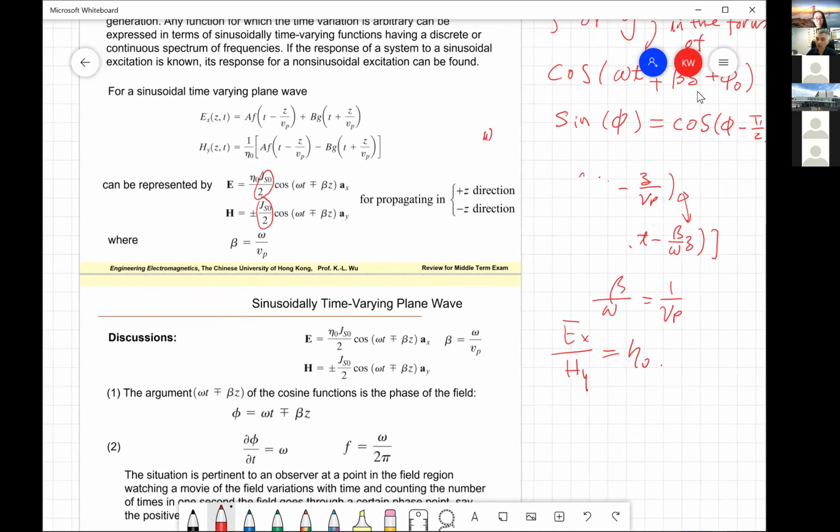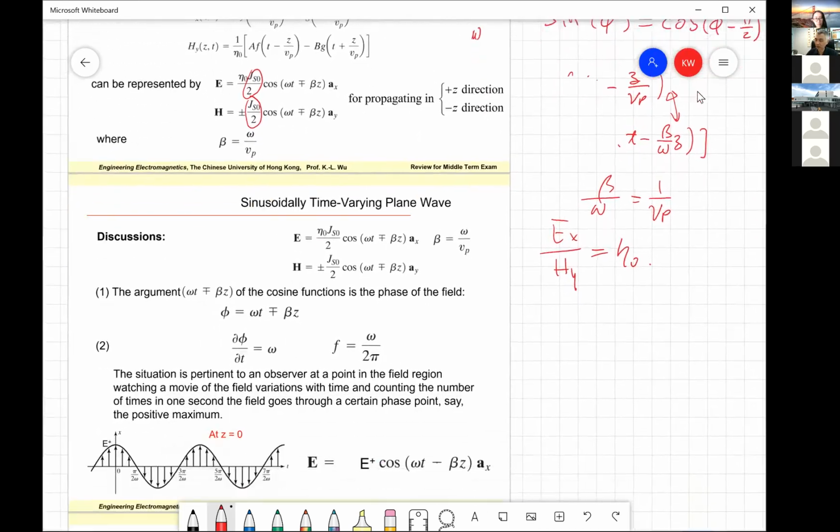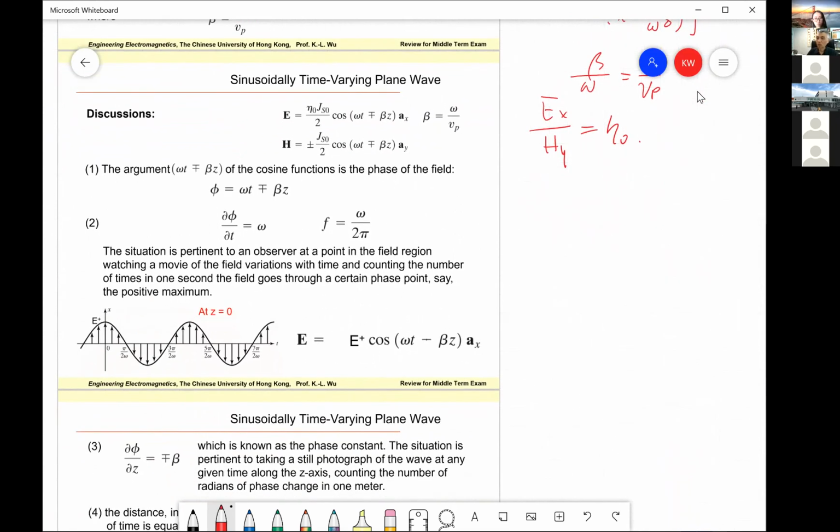So this is a sinusoidally time varying field. For this field expression, we define everything within the bracket as a phase, phi.